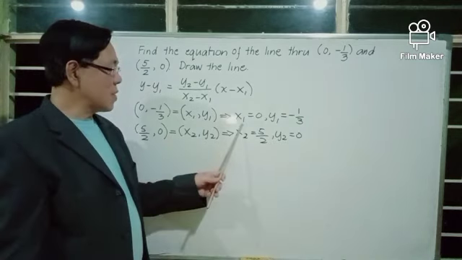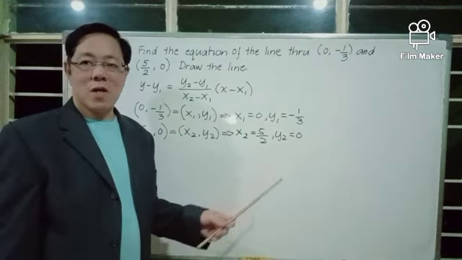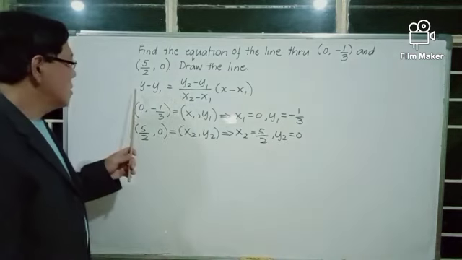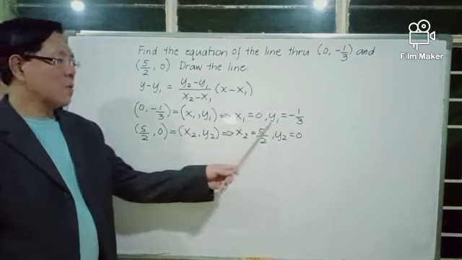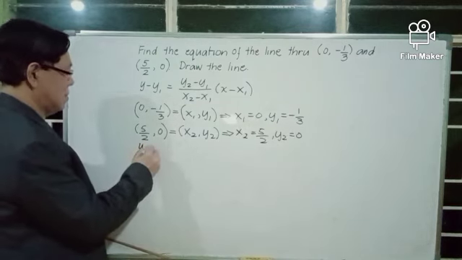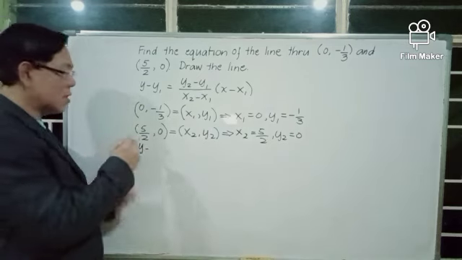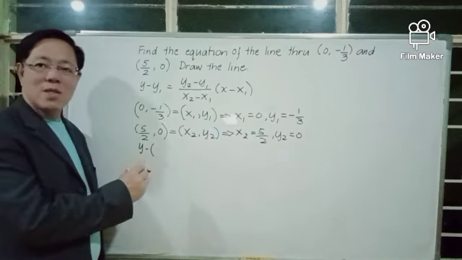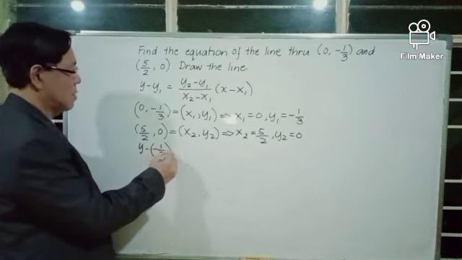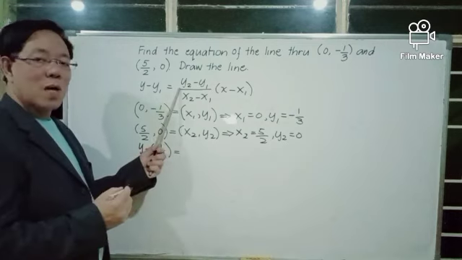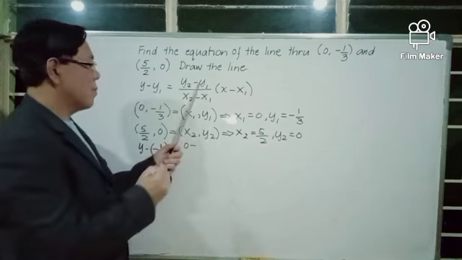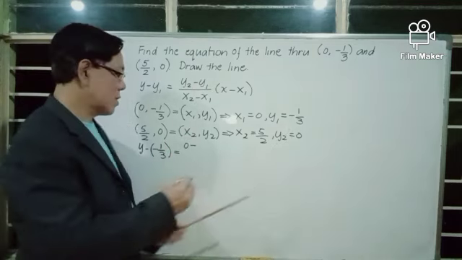Next, we substitute these coordinates of the 2 points given in the 2-point form equation of the line. We have y minus y1. y1 is negative 1/3. We write negative 1/3 in parentheses. This is equal to y2, and y2 is 0, minus y1, negative 1/3.